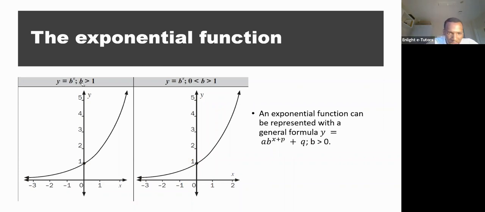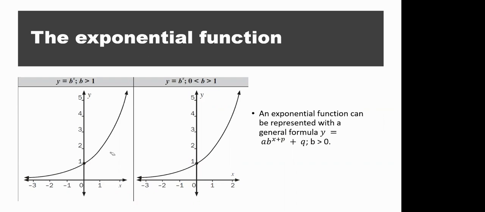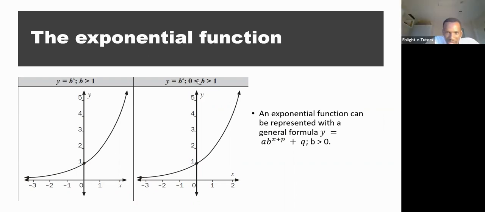They say if your b is greater than 1, you understand? Mm-hmm. If your b is greater than 1, then your graph is gonna just be like this, which is the same thing when it's between 0 and 1.